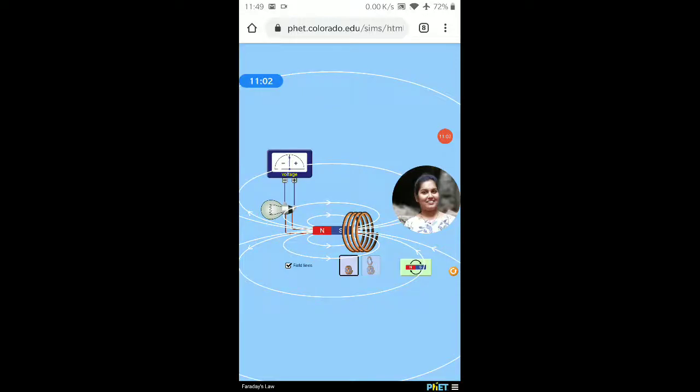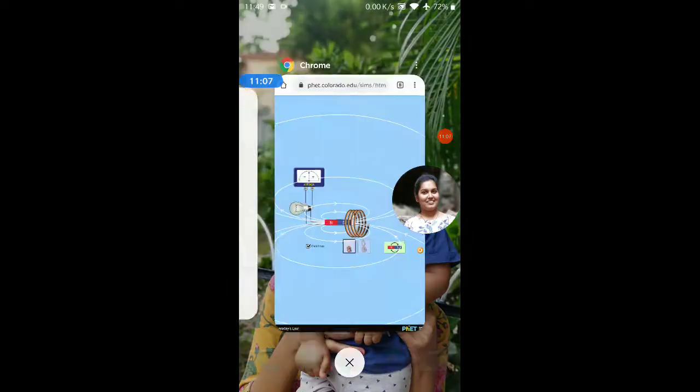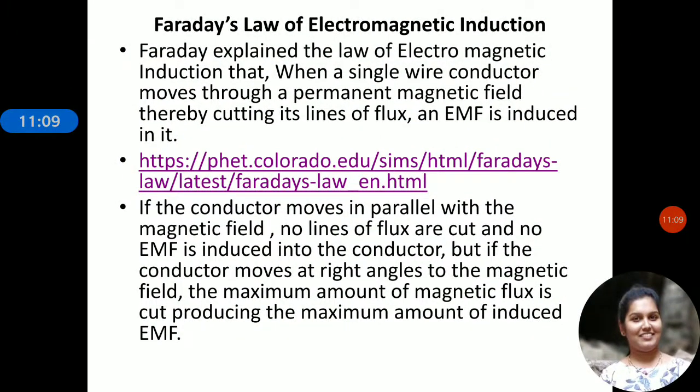So with this you got to know about Faraday's law. Now we'll move on with the presentation. If the conductor moves in parallel with the magnetic lines, no lines of flux are cut and no EMF will be induced in the conductor.